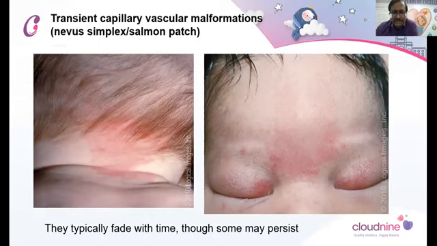We have another one which we also see in day-to-day practice, that is called salmon patch or nevus simplex. It is a capillary vascular malformation. This is more common on the occipital area or on the forehead. You can see this reddish patch. Most of them will disappear. Very rarely it will persist.